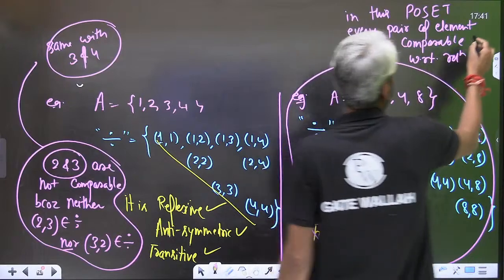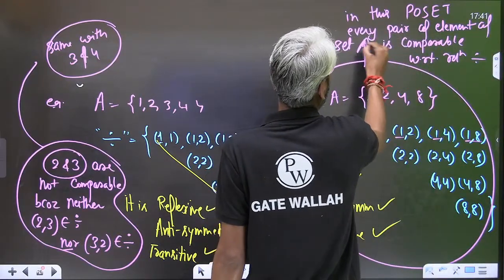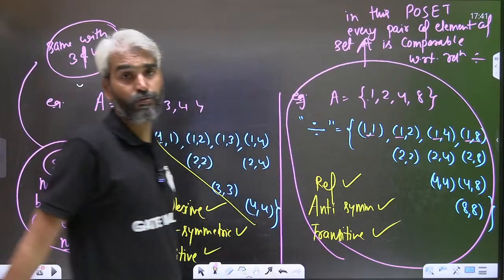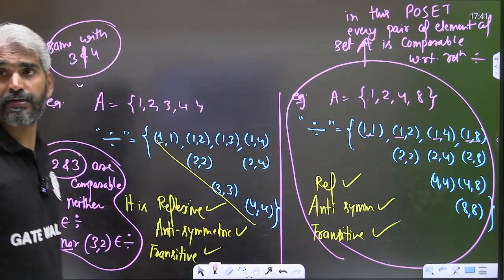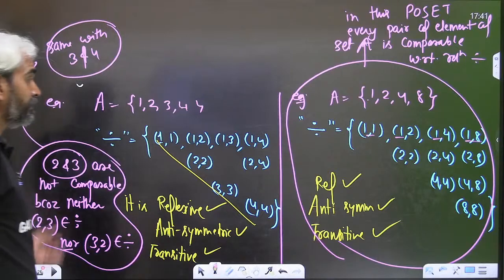Every pair of elements of set A is comparable with respect to the relation divide. Okay, so that's the idea.